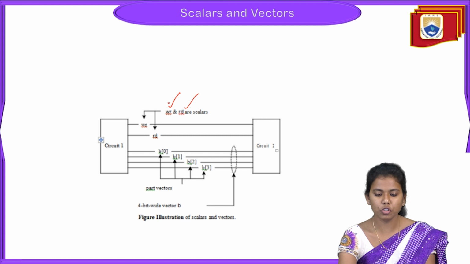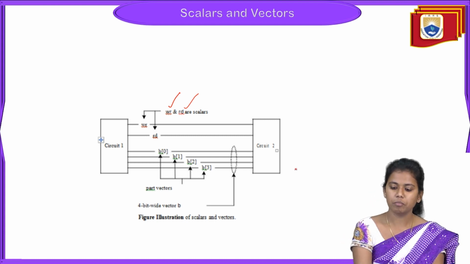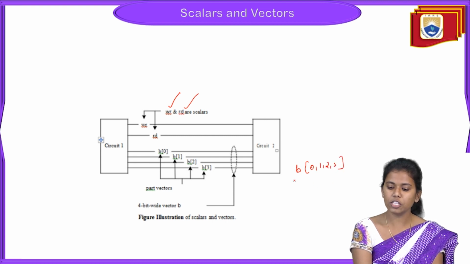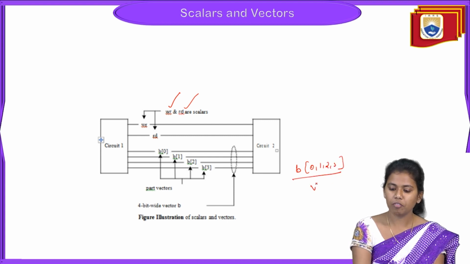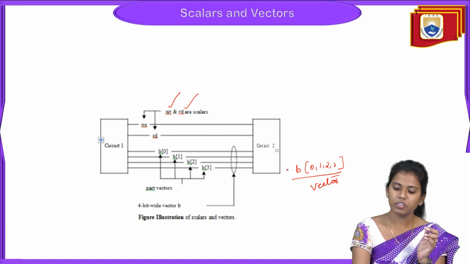Coming to bit 0, bit 1 to bit 3, here we have 4 bits: bit 0, 1, 2, 3. These 4 bits are nothing but a vector. As I said, it is a group of numbers presented in a register.